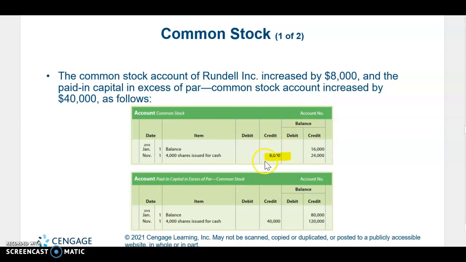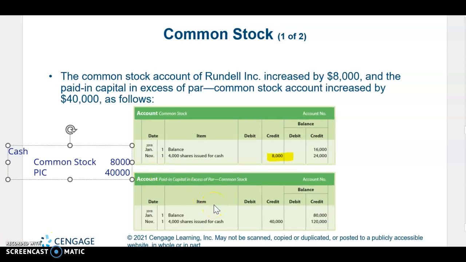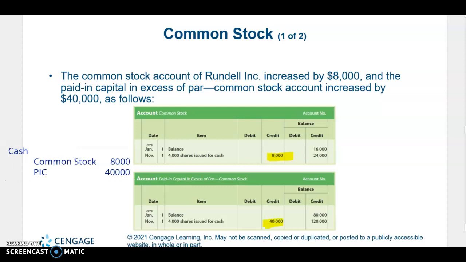And not just $8,000, because remember, when you issue stock, you debit cash and you credit common stock and paid in capital in excess of par. So common stock increased by $8,000 and paid in capital in excess of par increased by $40,000.